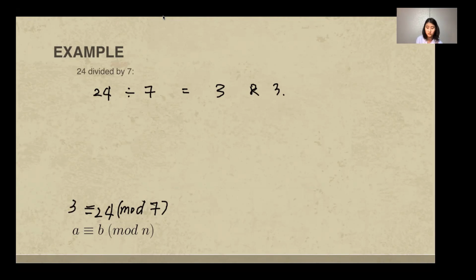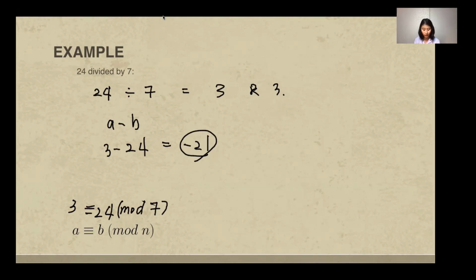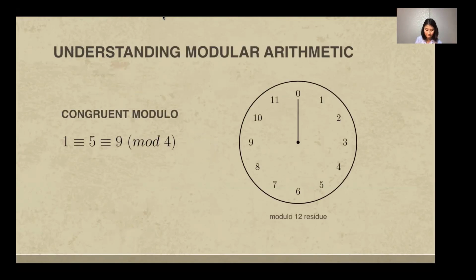Now we also realize this because if we do A minus B, or 3 minus 24, we get negative 21, which is a number that is divisible by 7, or n in this case.